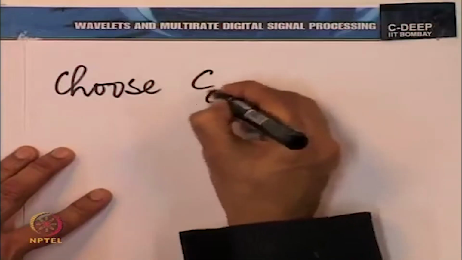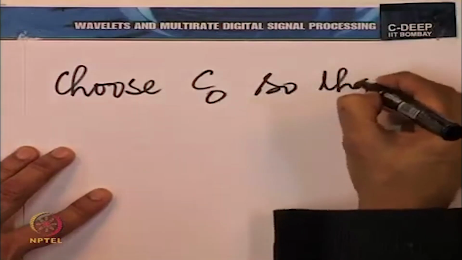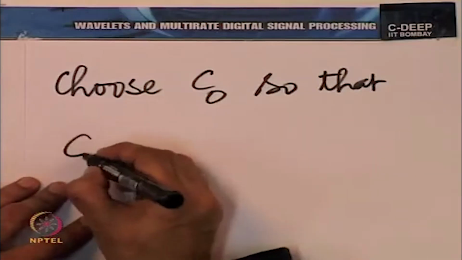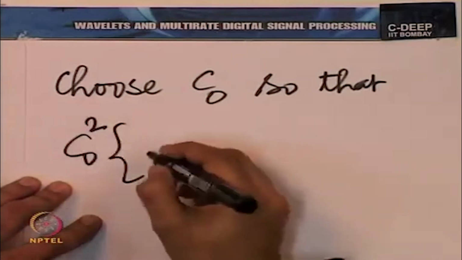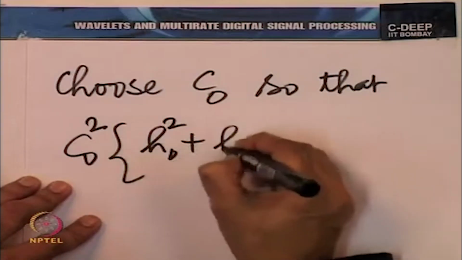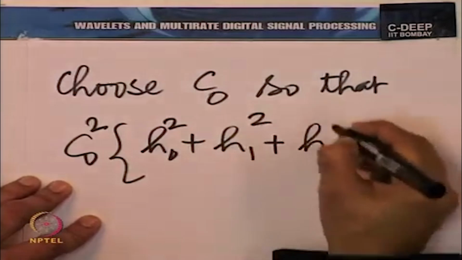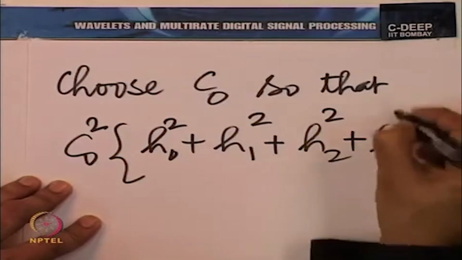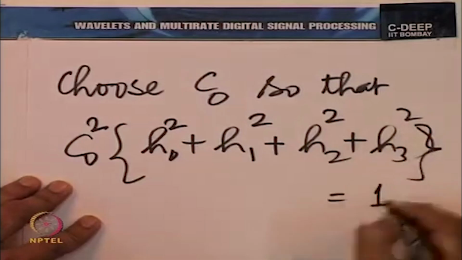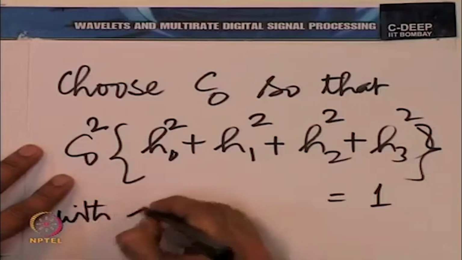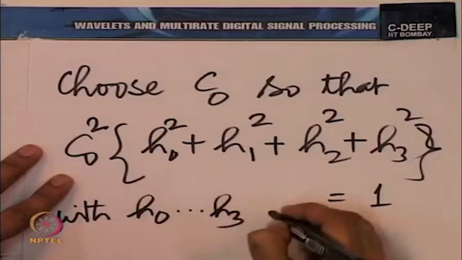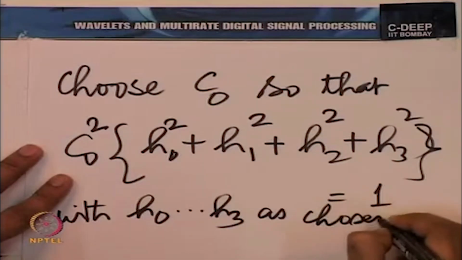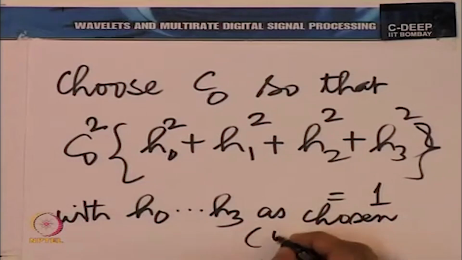and in fact, I do not need to carry out the computations. Essentially what I am saying is choose C 0, so that C 0 squared times H 0 squared plus H 1 squared plus H 2 squared plus H 3 squared is equal to 1 with H 0 through H 3 as chosen before, without C 0.